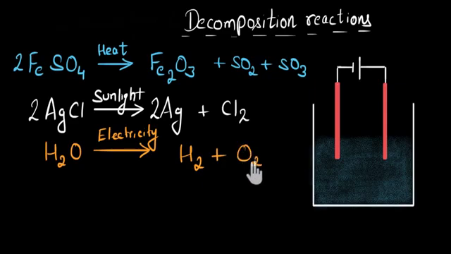Let's balance this equation. Over here there is 2 oxygen, so I'll write 2 over here. Now there is 4 hydrogen, so I'll write 2 over here. So yes, this is the balanced equation of water dissociating into hydrogen and oxygen because of electrical energy.